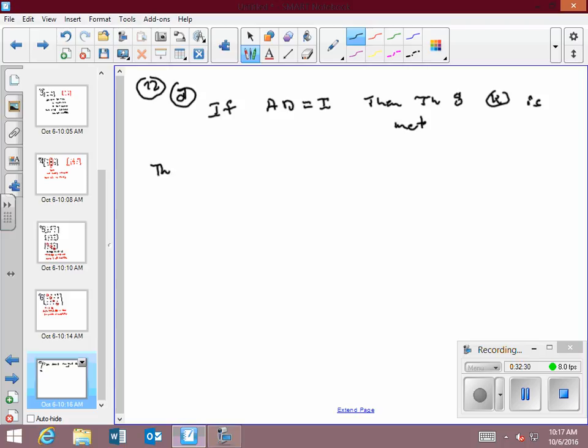And this implies that CA equals I, theorem 8J, and therefore that statement is true.